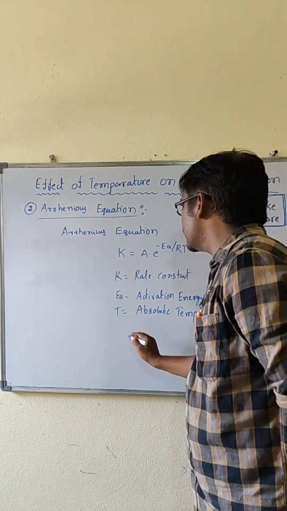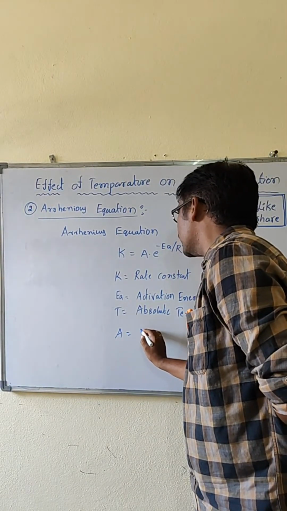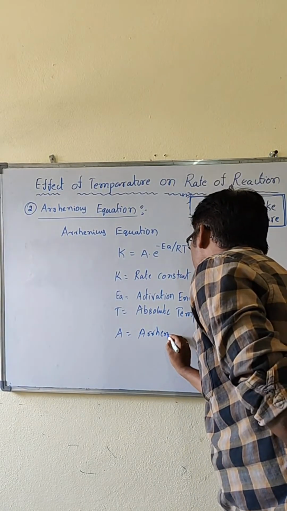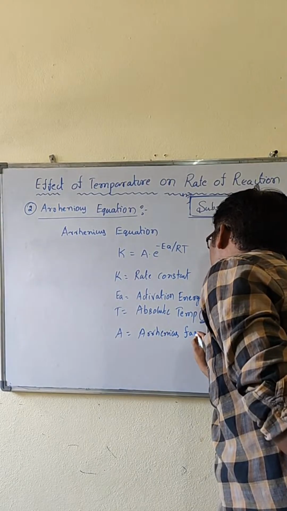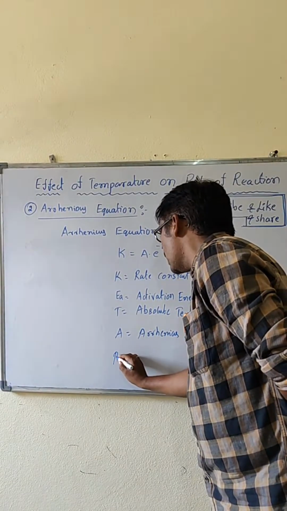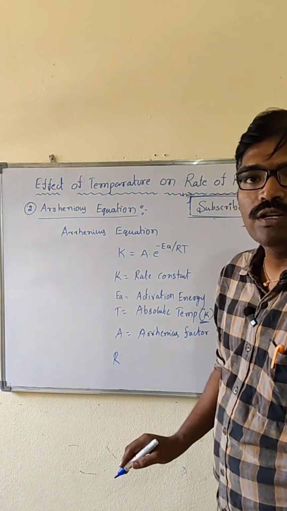Then one more factor, A, is the Arrhenius factor. Then one more, my dear students: R, the universal gas constant.